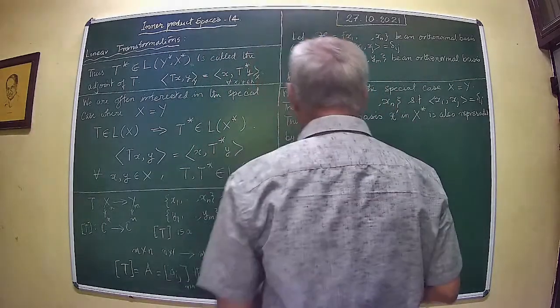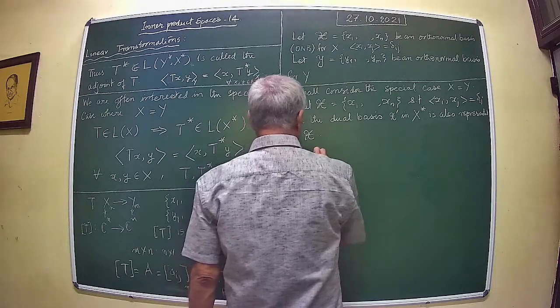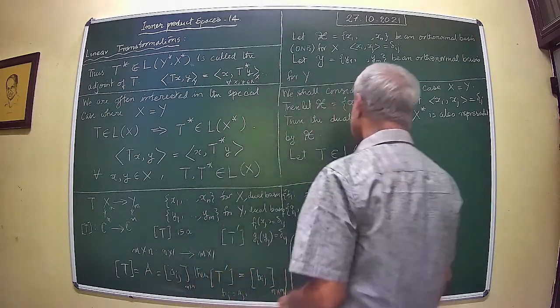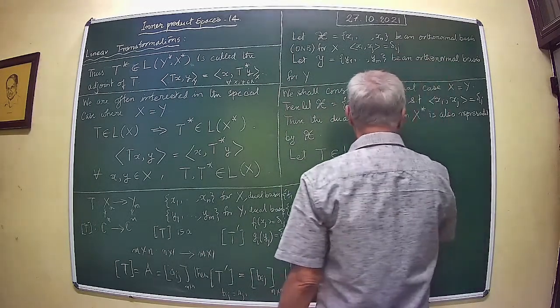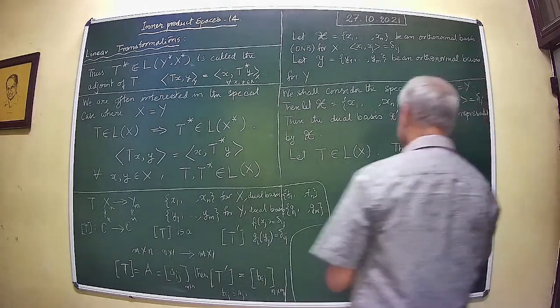So we define T. Then we are going for the matrix representations with respect to this.